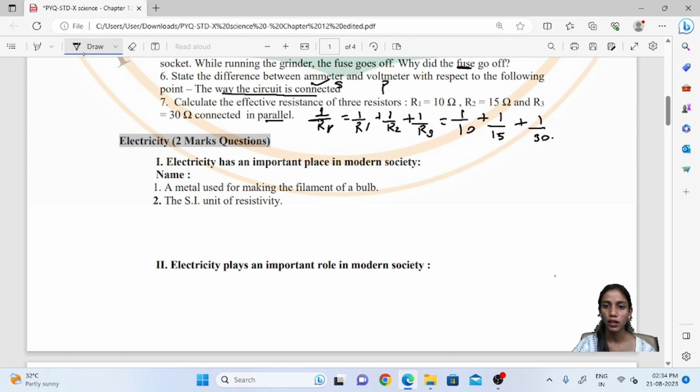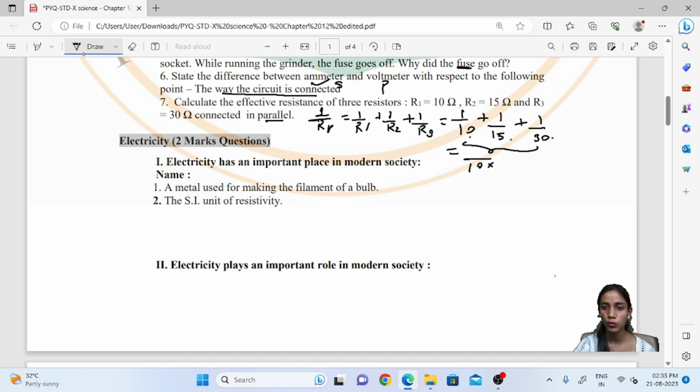Okay, now I have to solve this. So for solving, I will take the LCM of all this. After taking the LCM, I get the final LCM as 30. So I have to make all these three denominators equal to 30.